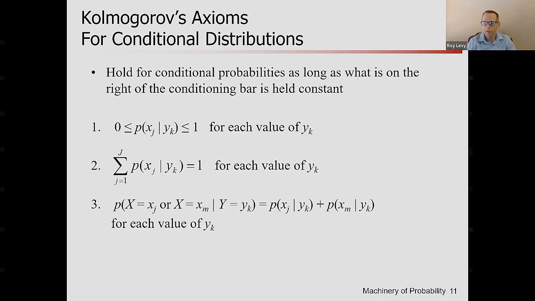But all the same ideas hold. Given a value of y, the conditional probabilities for x given that value of y all have to be between 0 and 1. And at that value of y, all the conditional probabilities for x have to add up to 1. And if we're conditioning on a particular value of y, the probability that x takes on one value or another is the probability of x taking on each one just added up.